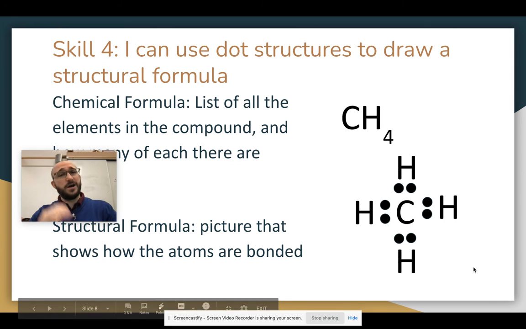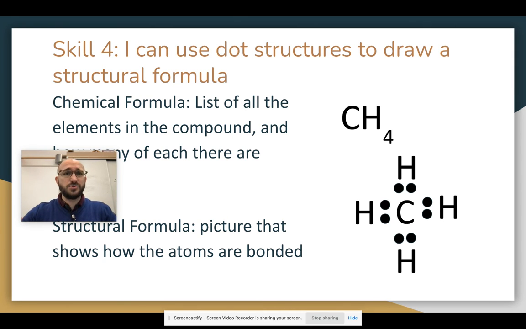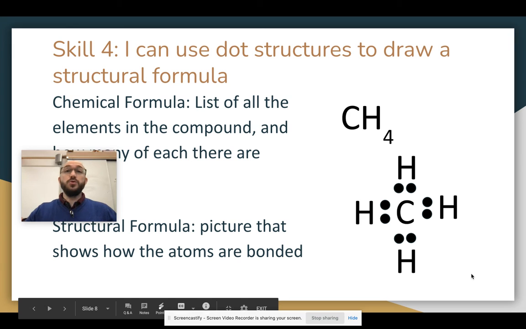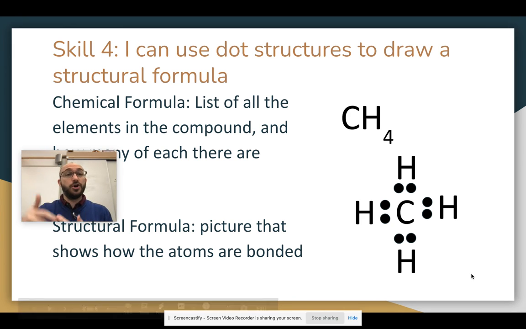I've already taught you how to use the dot structures to make a structural formula. I just did it in this video while talking about what a covalent bond is. You literally just do the dot structure for each atom, and then you look at how they're going to hook up, and then you redraw it with them all hooked up. Then you just count to make sure that everyone is happy. Hydrogen has 2, everyone else has 8.